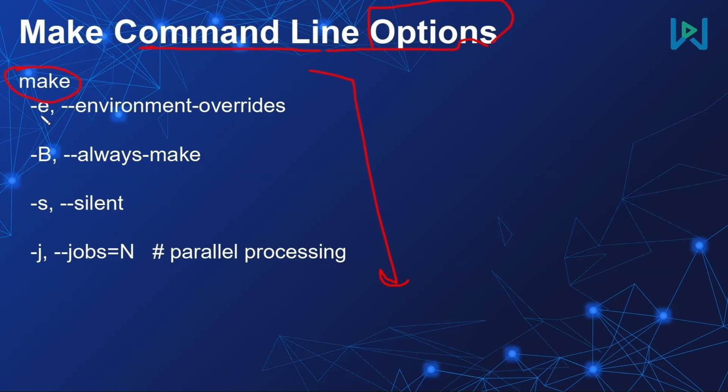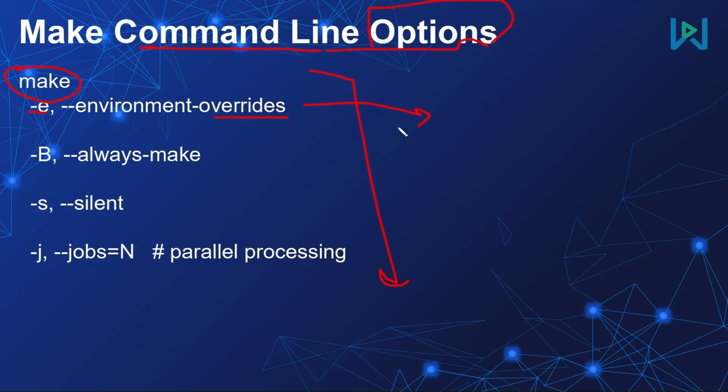First of all, we have this --environment-override or -e. This one tells GNU Make to prioritize the global or environment variables assignment of a set of Makefile variables with respect to the local assignment.